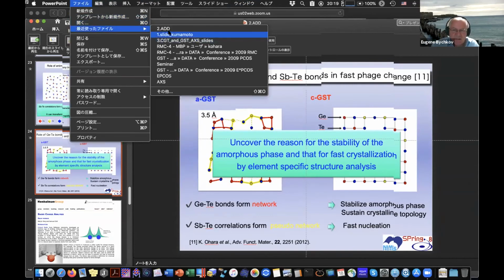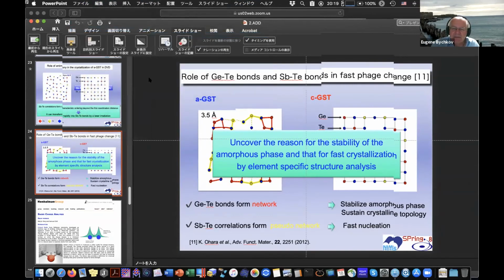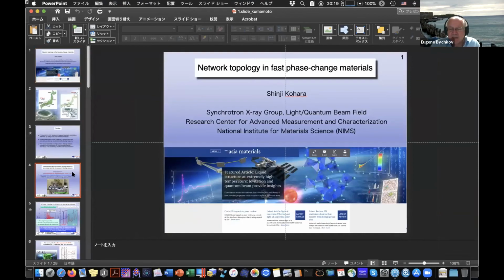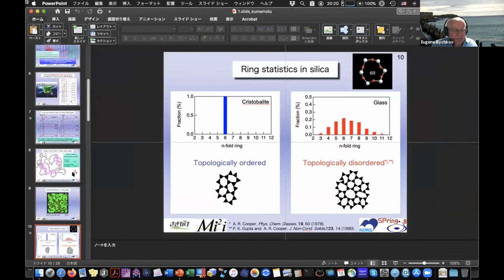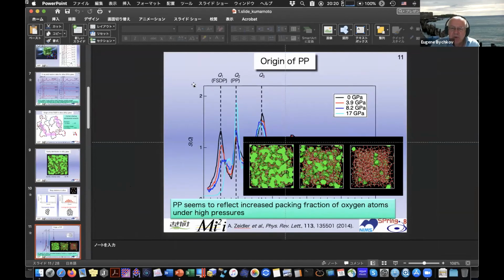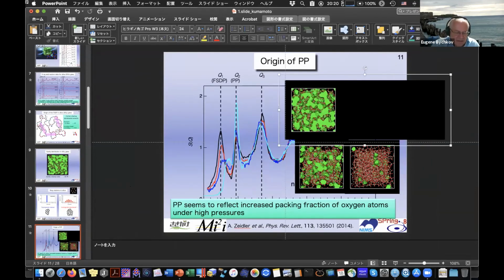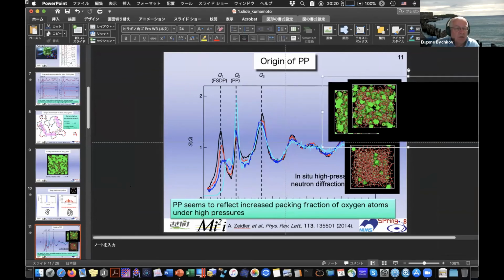If we take, let's say, SiO2 and apply pressure, you will progressively make a more dense structure. For example, if you go to 200 GPa or something like that, what will happen with the structure factor? The FSDP will disappear, it's clear. Will PP disappear?